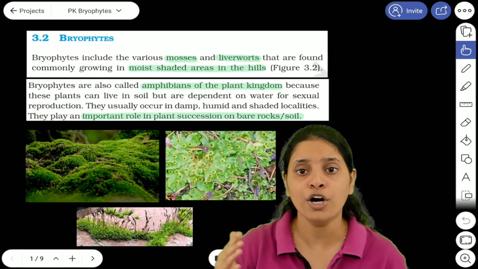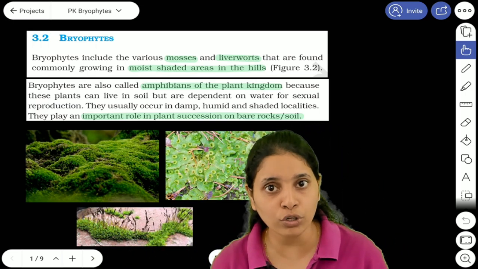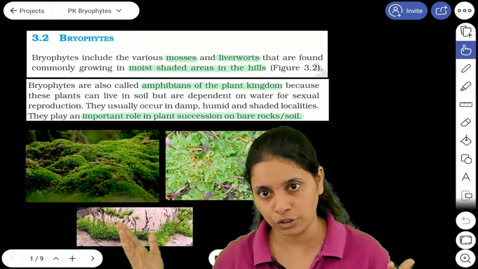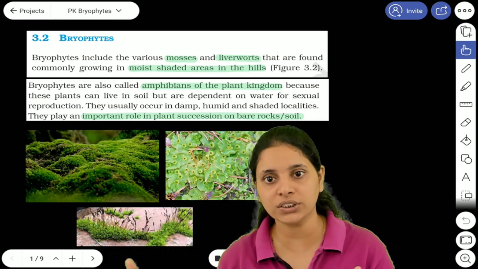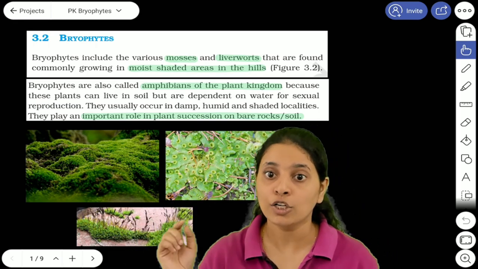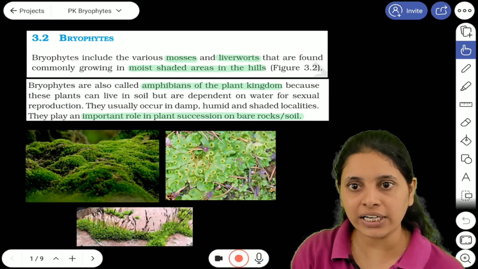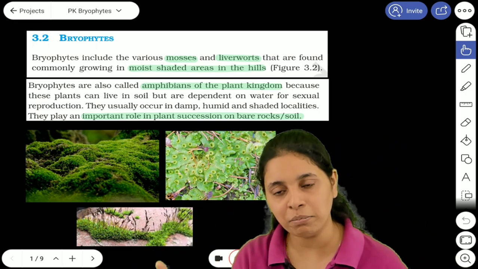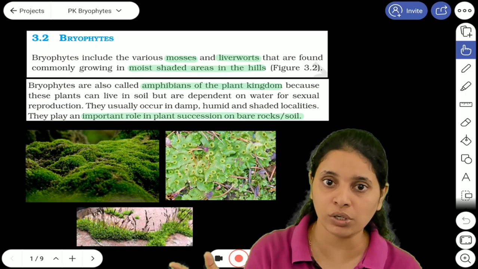If male gametes do not reach the female gamete, then fertilization will not occur, zygote will not form, and the next generation in the plant life cycle will not be produced. Then how will the life cycle be completed? So to complete the sexual life cycle, bryophytes need water. They are growing on soil, but they are dependent on water for completing their sexual life cycle.